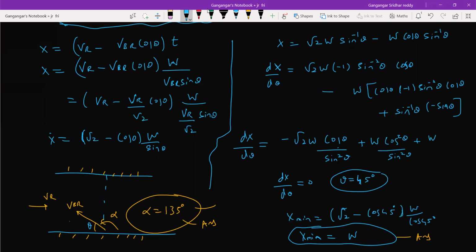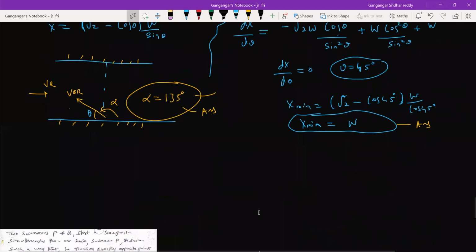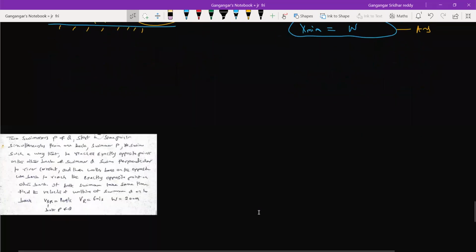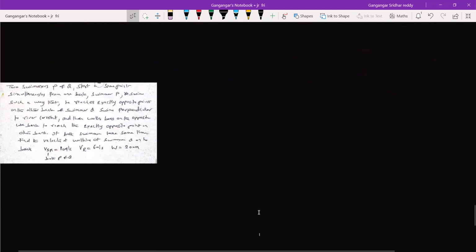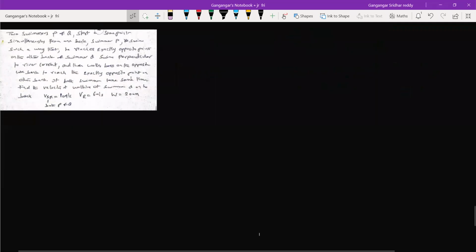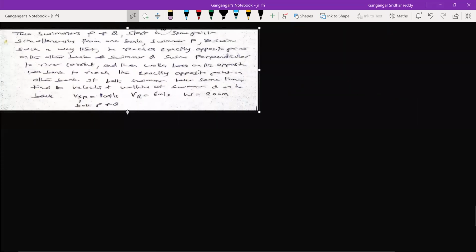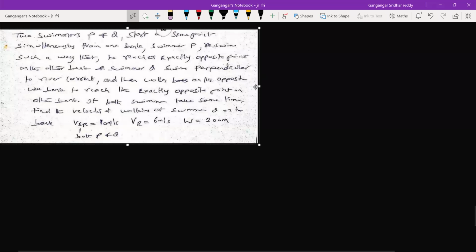Okay, we'll take one more problem. It's very simple, again the basic formulas that you know, you have to apply here. Two swimmers P and Q start at the same point simultaneously from one bank.